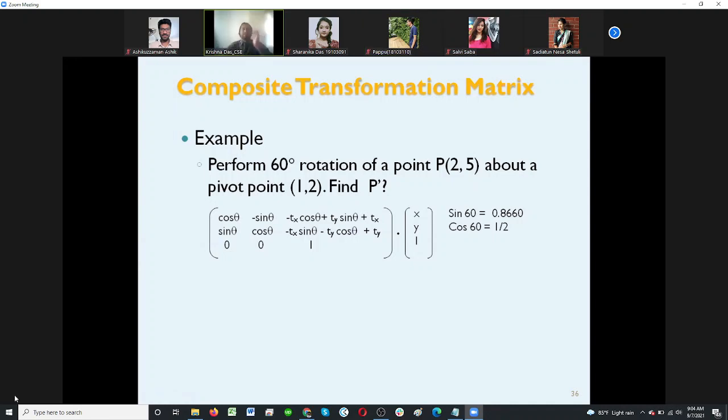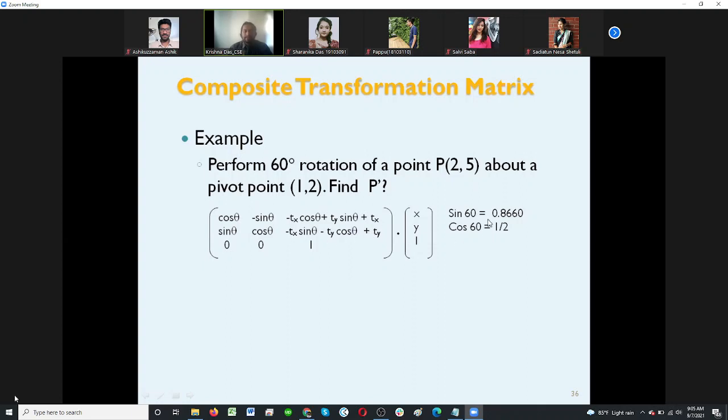Because this pivot point we need to bring down to the origin, so 1 minus 1 and 2 minus 2, so that we get 0, 0. This translation should also be applied to get the new position. But when you apply the composite transformation matrix formula, you don't need to bother about anything. You just put in the values, do the calculation, and you get the result.